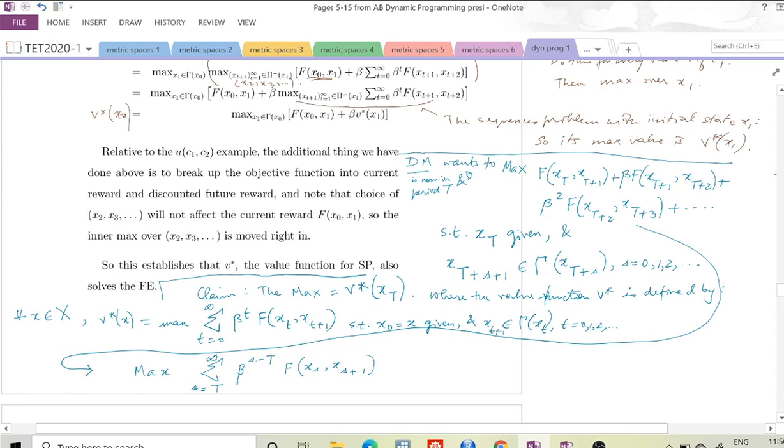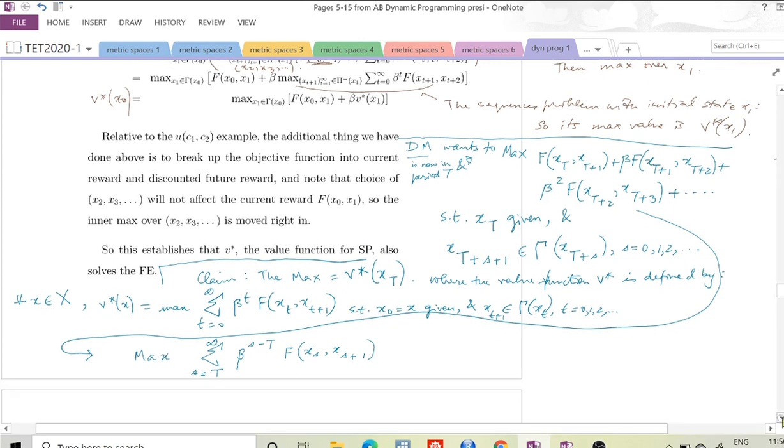So that's saying that there's no discounting when the decision maker is sitting at time capital T, right? And then we increment the s to capital T plus 1 and so forth. So check that this is exactly that objective function, right?